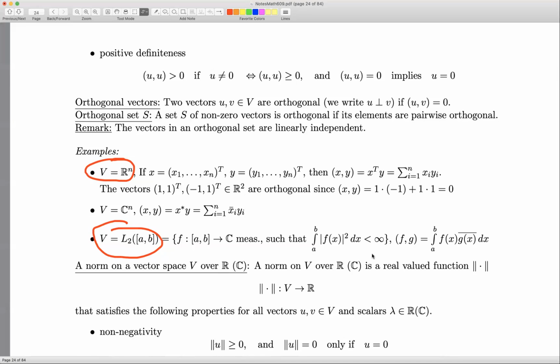Now, let me remind you that when we talk about the space L2, the elements in the space L2 are not really functions. They are a family of functions, or classes of functions, and we consider in one class all functions that differ from each other only on a set of measure 0.